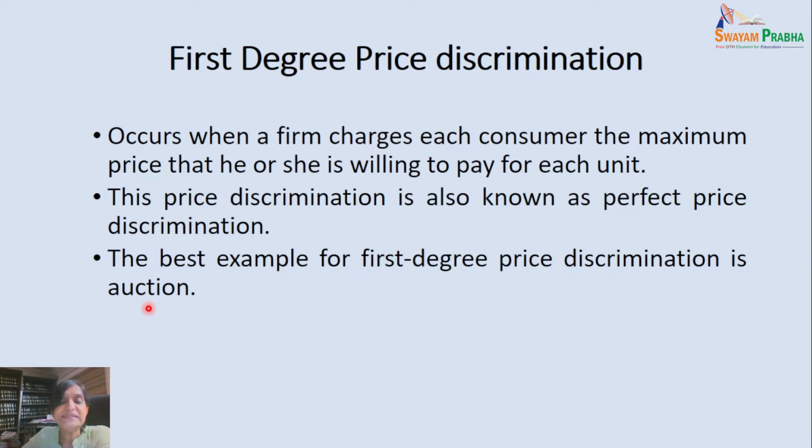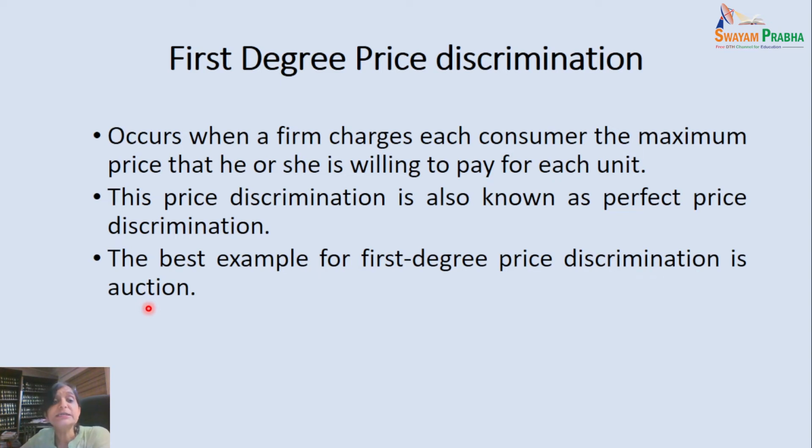So whoever bids the highest is given that product, or buys that product from the firm. This means that by bidding the highest, that person has exhibited his willingness to pay, and that is the price at which the product is being sold to him or her. So that is the best example of first degree price discrimination.